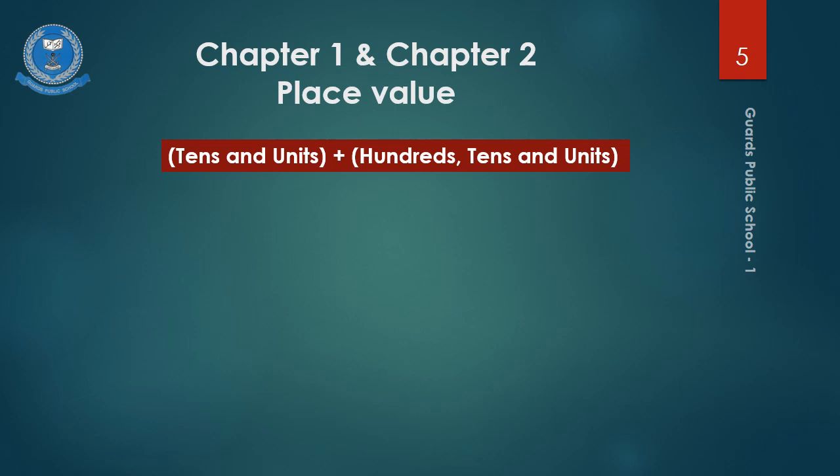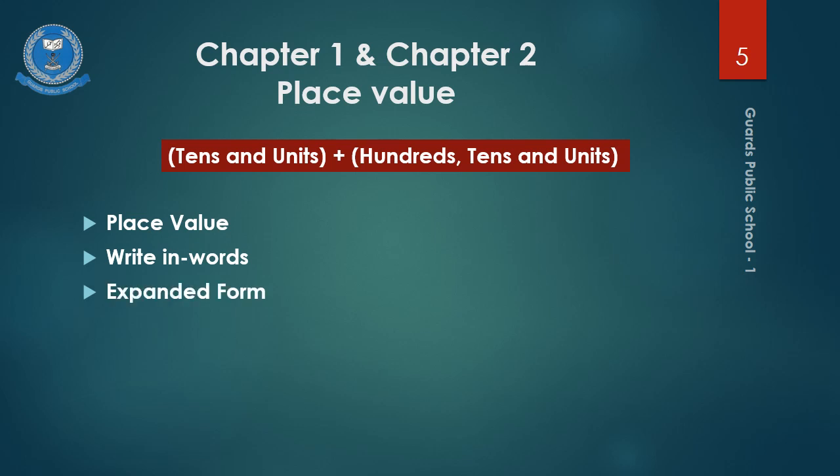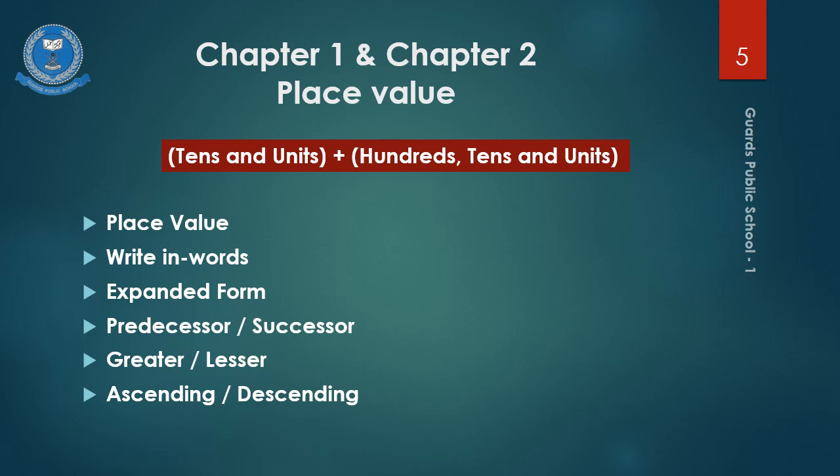In these chapters, we will learn about the place value, inverts, expanded form, predecessor, successor, greater, lesser, and ascending, descending. As you already learned the basics of all these topics in your previous class, you will understand more about these in your new class in an advanced way.